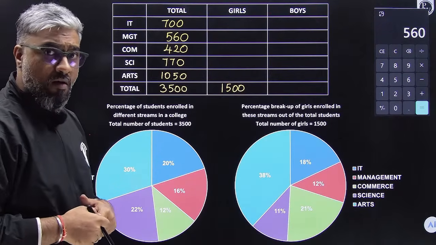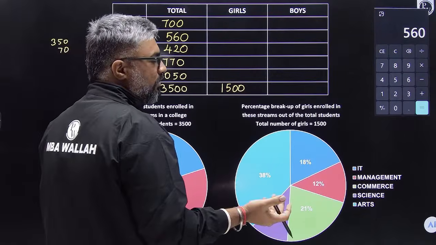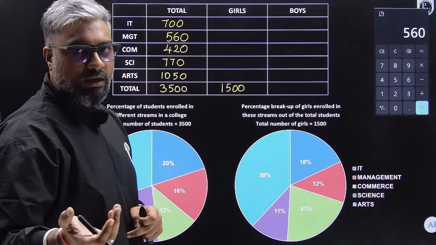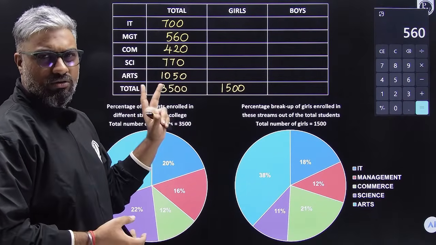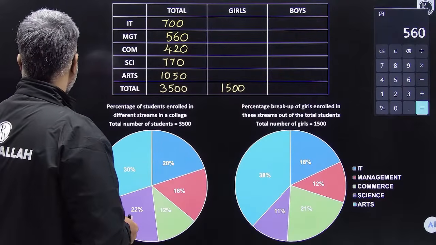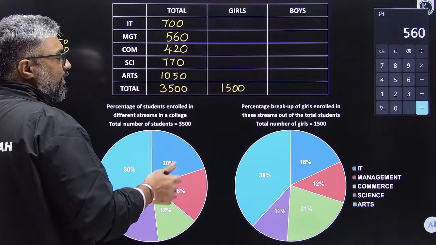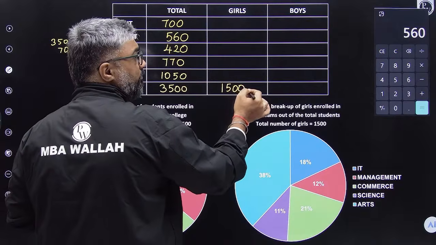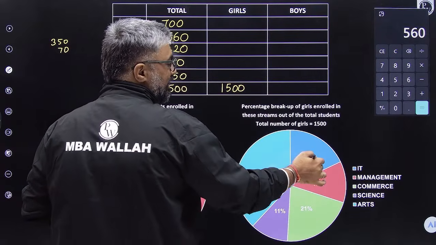Shall we start? I'll give you a quick trick for the calculation. Here we kind of struggled. You saw me struggling here, right? Here I'll show you how to do it quickly. For each of these values, it's 15 followed by 2 zeros and a percentage.